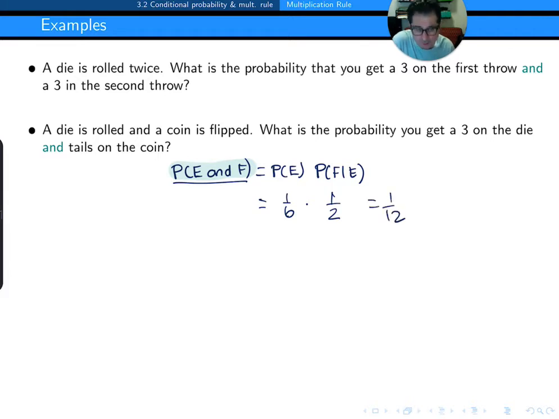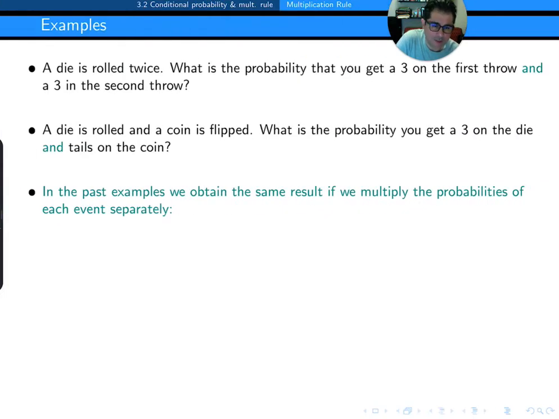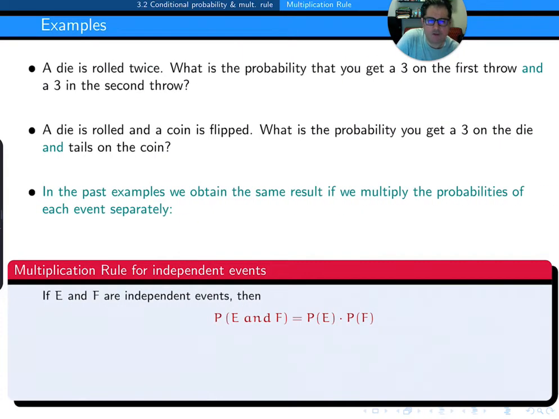So the important thing here that I didn't write in the other one is that this is really the same as the probability of F, right? So the probability of E and F turned out to be the probability of E times the probability of F. And that's happening because the events are independent, right? Because knowing that E happened does not change the probability of F. So this is what is called the multiplication rule for independent events.